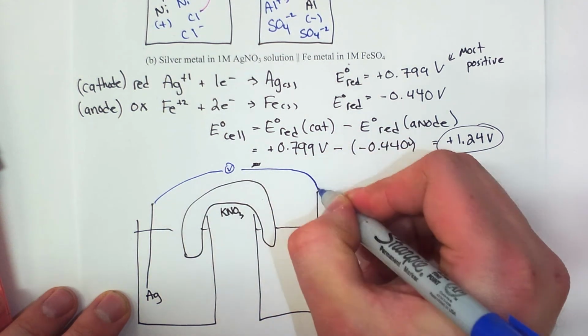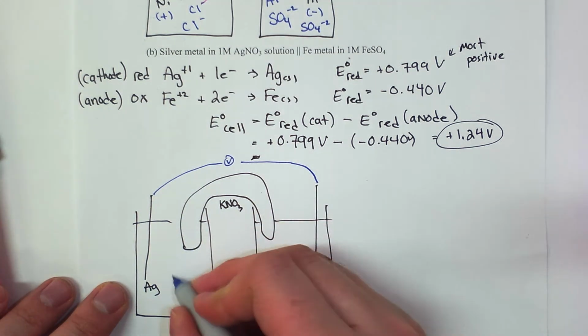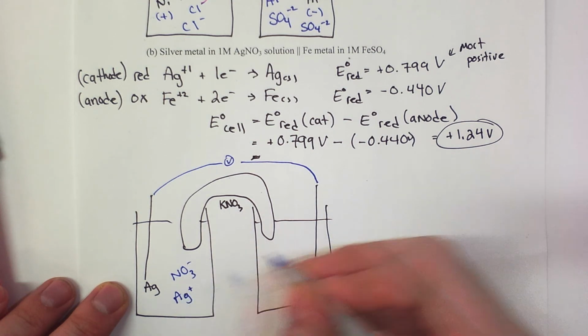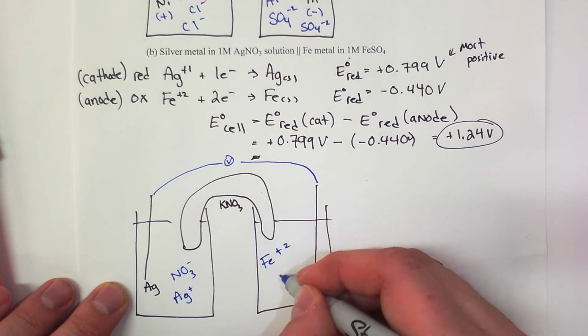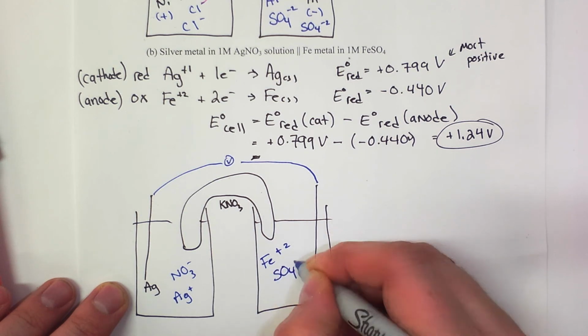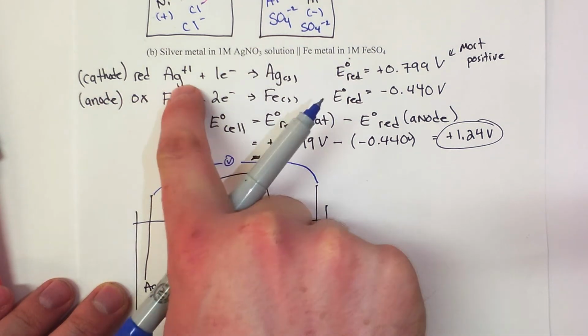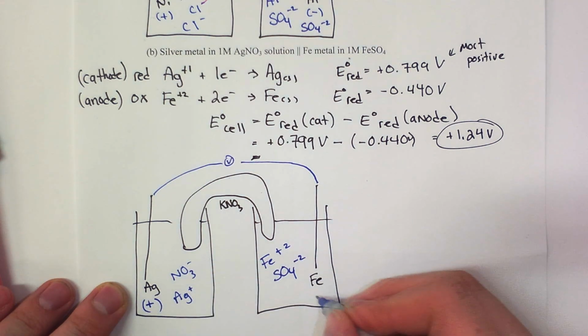Connect your electrodes with a wire. Fill in the rest of your solution. So I have nitrate. I have silver plus 1. I have iron plus 2. I have sulfate minus 2. The cathode is where silver is, so that will be the positive one. Anode.